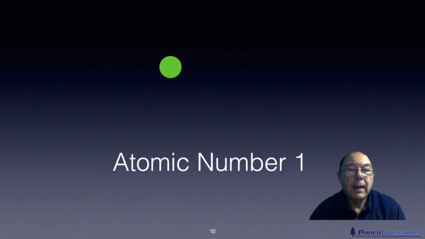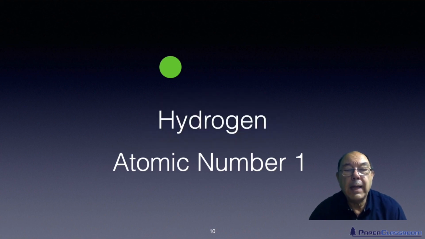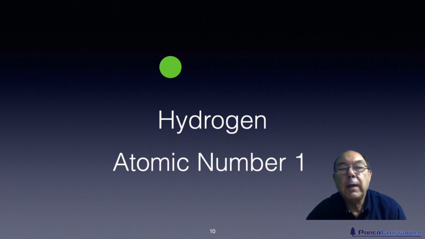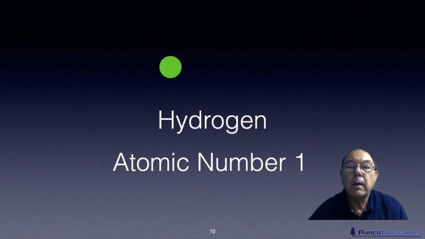So here we have one proton. My question to you is, what's the atomic number of that atom? 1, correct. And out of interest, the element which has atomic number 1 happens to be hydrogen. Now, interestingly, hydrogen is the only element to have no neutrons, naturally. There are ways of pushing neutrons in there to change its nature, but normally hydrogen has no neutrons.